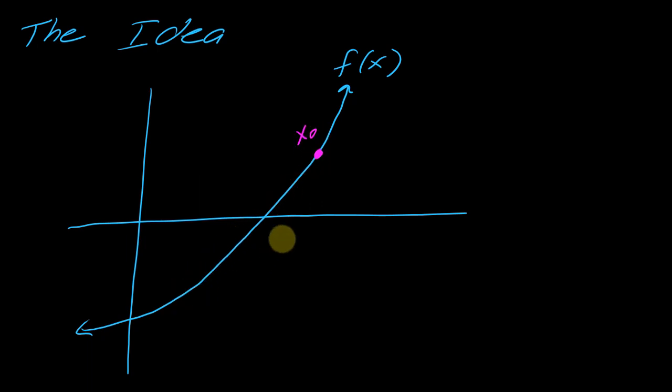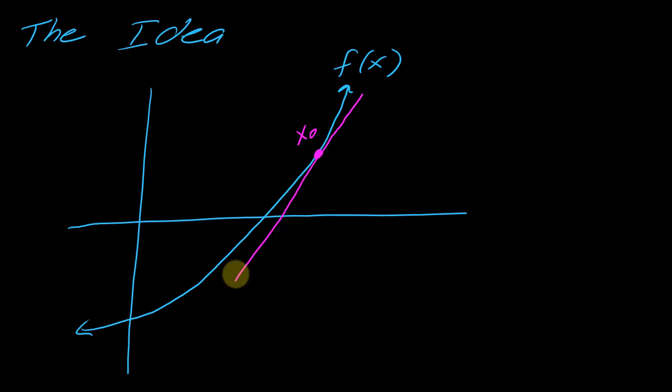Now, from this point, I'm going to create the tangent line, and what I'm specifically interested in is where this tangent line crosses the x-axis. Here's my tangent line, and you can see that where it crosses is nowhere near where the actual root is.